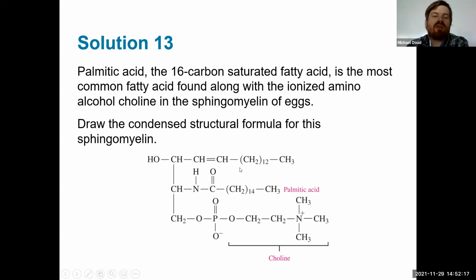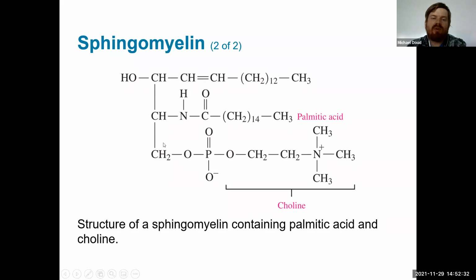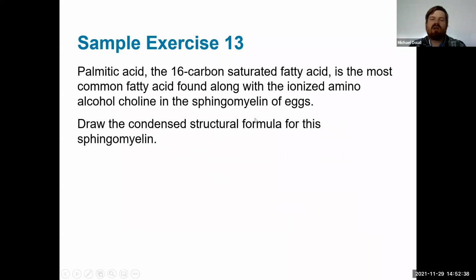Okay, so here is, for example, what you might see on the homework. If you're asked to draw a sphingomyelin that has a particular fatty acid and an amino alcohol, it's basically the same backbone structure here for sphingosine, then an amide linkage to whichever fatty acid it is. So in this case, we were asking for palmitic acid, and then the amino alcohol choline.